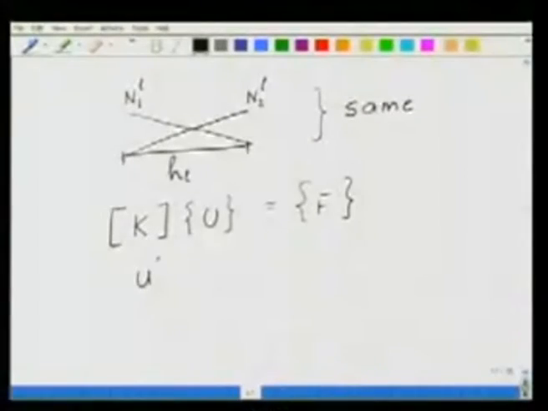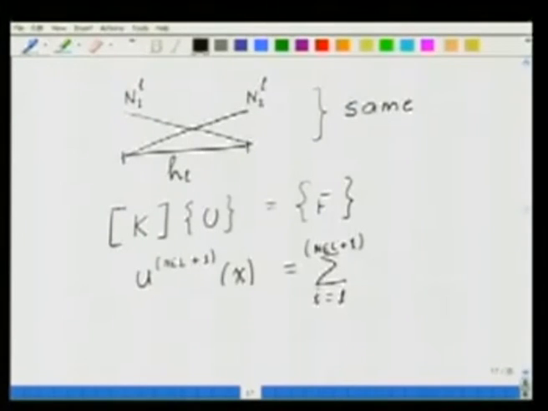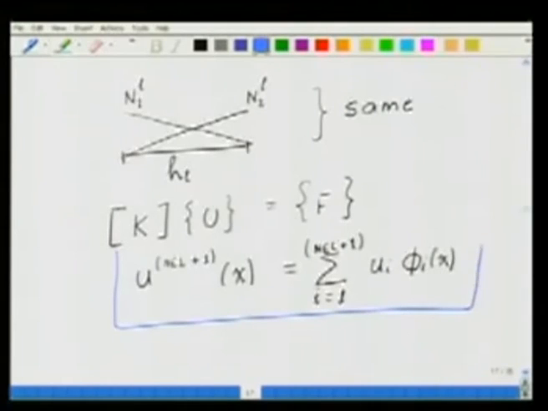And then obviously, you have to remember that u finite element, with the number of elements plus 1 nodes, is equal to the sum over I equal to 1 to NEL plus 1 of U_I phi_I(x). So, this u finite element that we have obtained can be easily obtained.